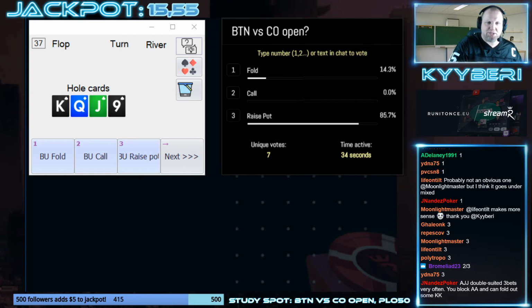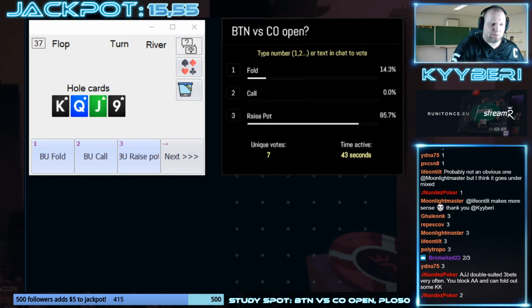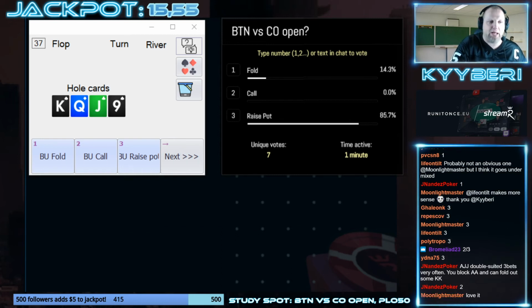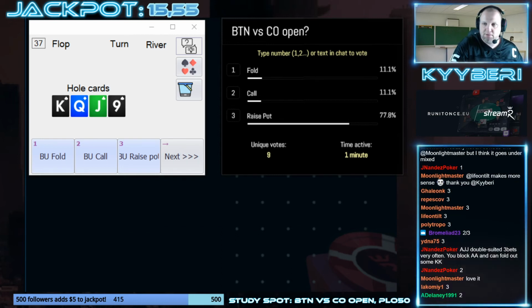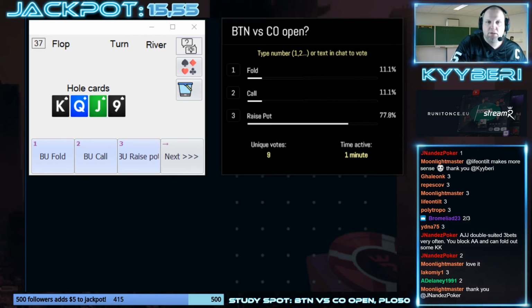Yeah, ace jack jack seems to be a nice hand, and what Shane Anders says is that you have fold equity versus kings, even queens, well, more versus queens. So you fold the hands that have you in a bad shape, and you block the 4-betting range a lot. I would say that it's a mixed strategy.